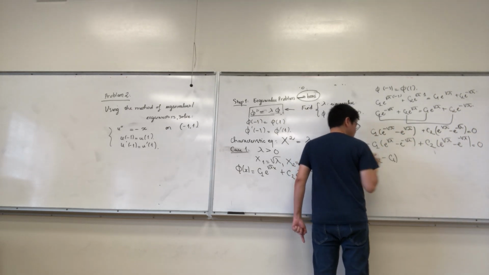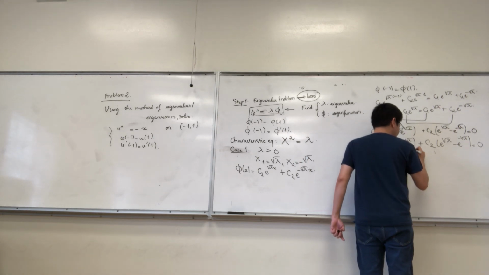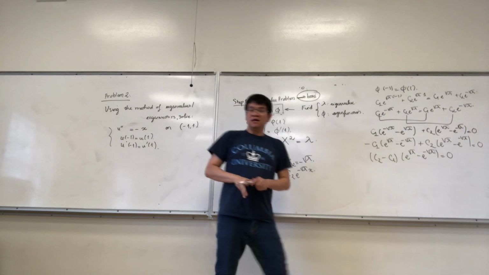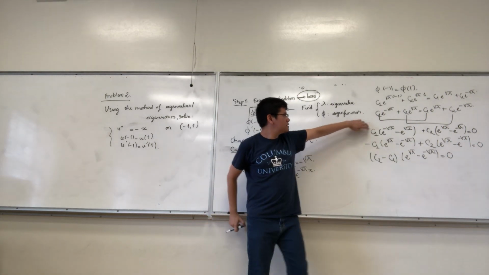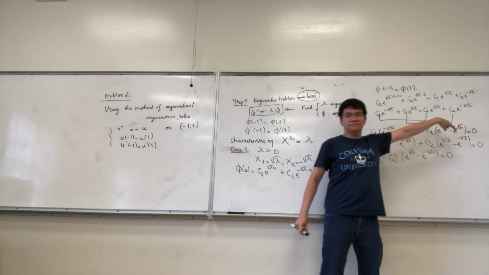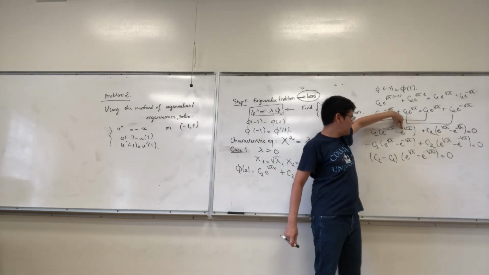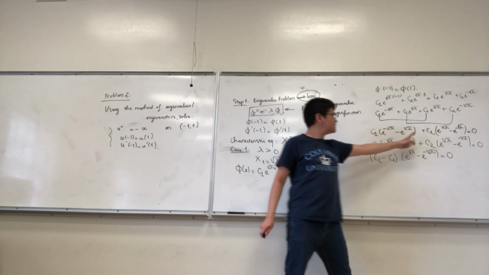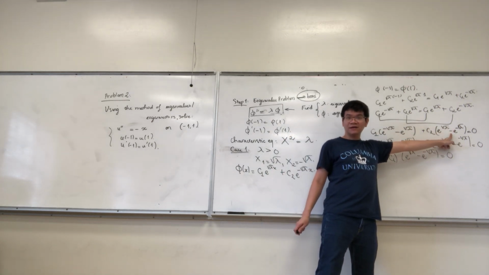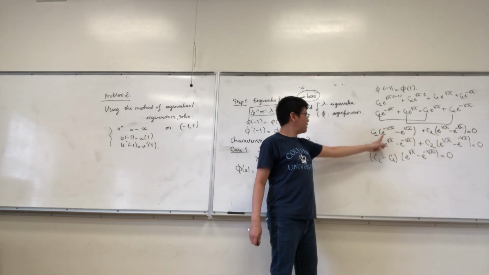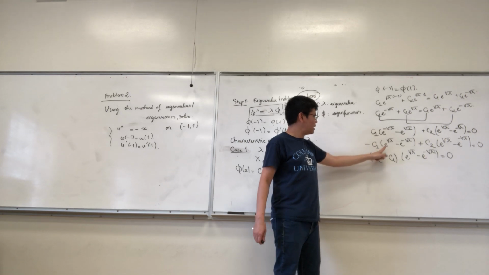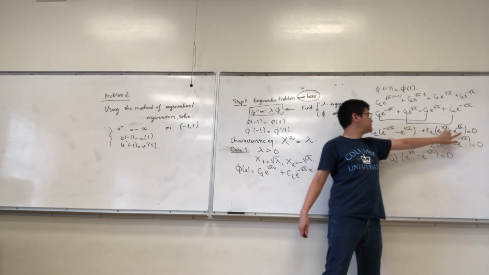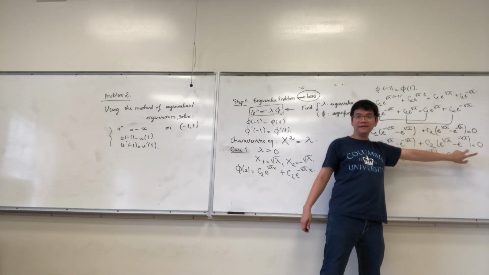After I group C1 and C2, I have C1 times this guy plus C2 times this guy. But I notice that this guy is the minus of this guy. So I write minus C1 times e to the square root of lambda minus e to the square root of minus lambda, and keep this guy the same. Right?